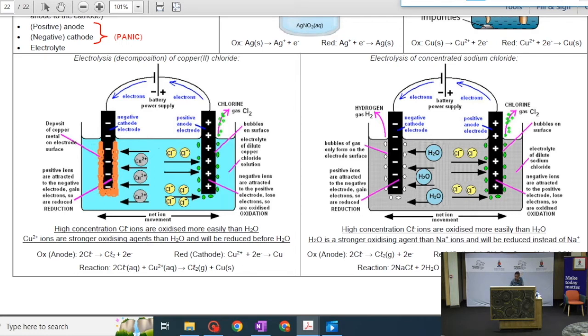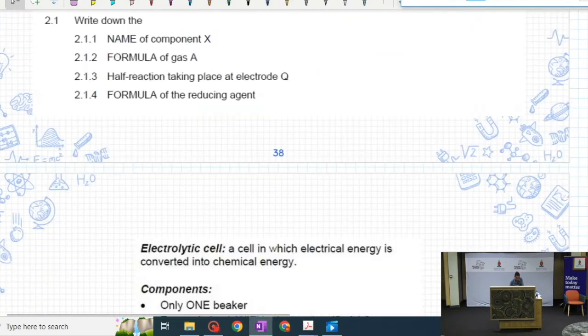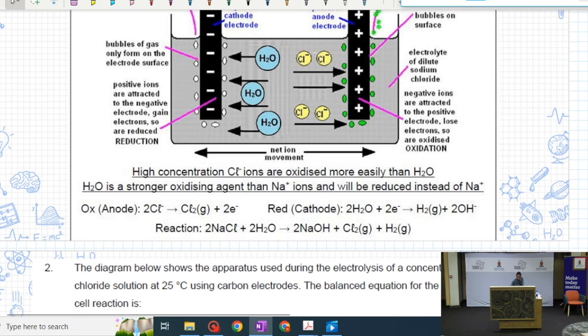Okay, so if you look over here at the bottom, I think I did include it over here as well. Here it is. It says: a high concentration of chloride ions are oxidized more easily than water. Normally, if we did not have a high concentration of chloride ions, the water is the substance that would be oxidized.